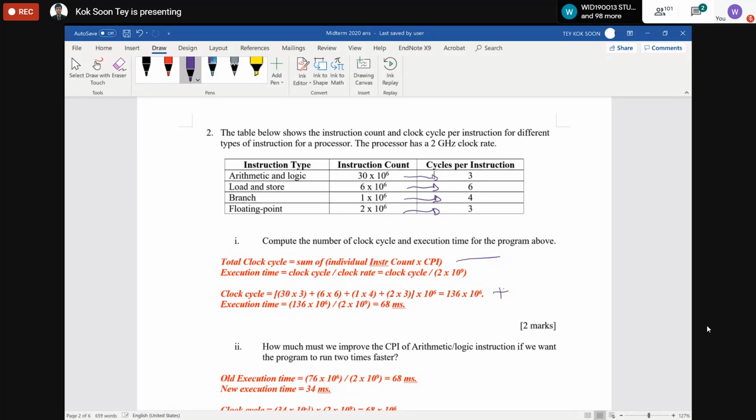So this should be your clock cycle answer. Then your execution time is just the total clock cycles divided by your clock rate, 2 GHz. So the execution time is 68 milliseconds.